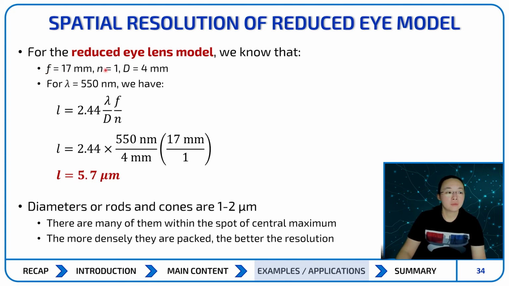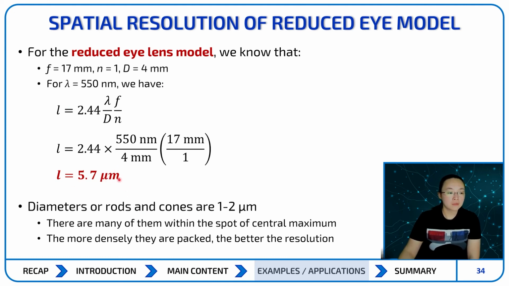We know that the refractive index is 1, and we know that D is equal to 4 millimeters. So for lambda, or a wavelength of 550 nanometers, just randomly, we have a minimum spatial resolution of 5.7 micrometers.